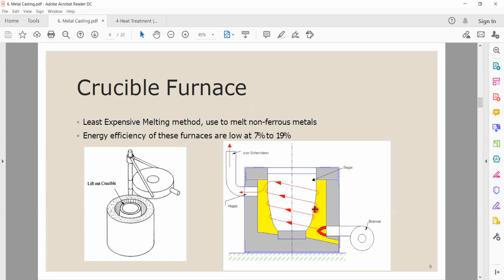Another thing, energy efficiency is very low. It can be 7 to 20%, very low.